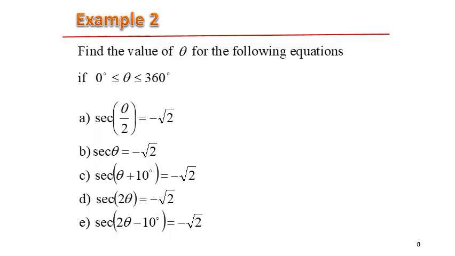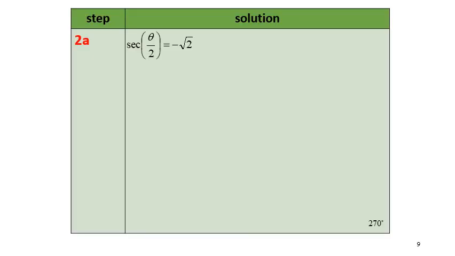So now we move to example 2. Let's see how the solution would change according to the changes in the function. Right. So in this question, given secant theta over 2 equals negative sec 2.